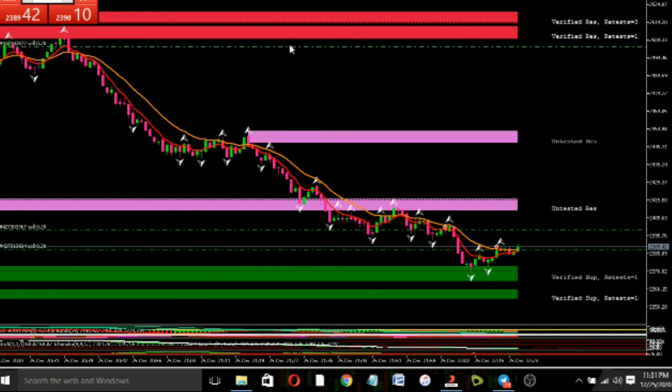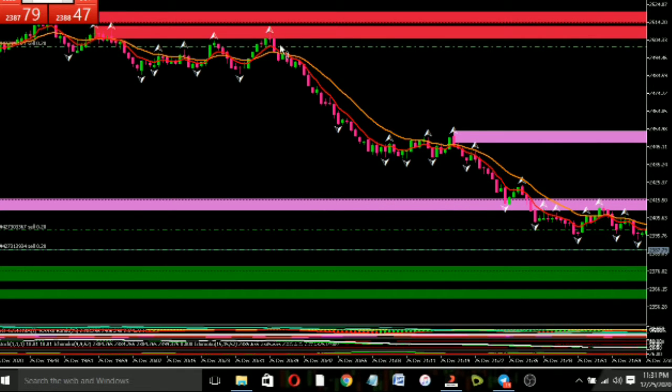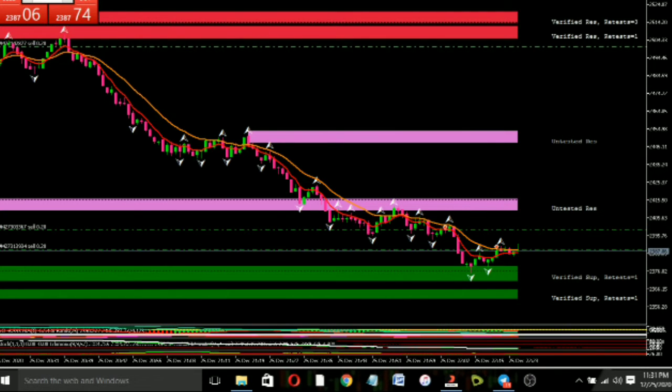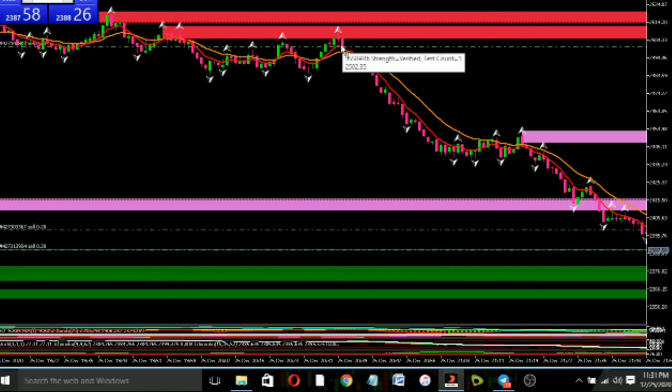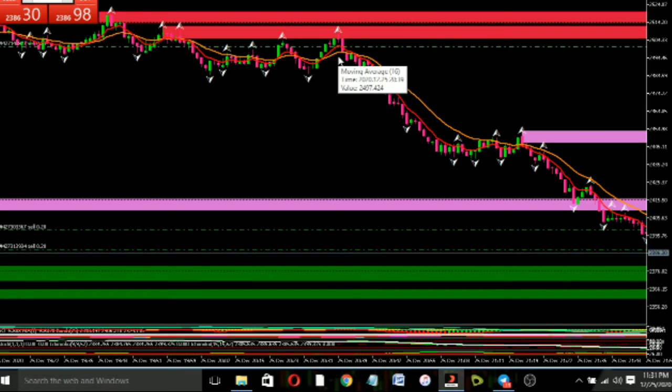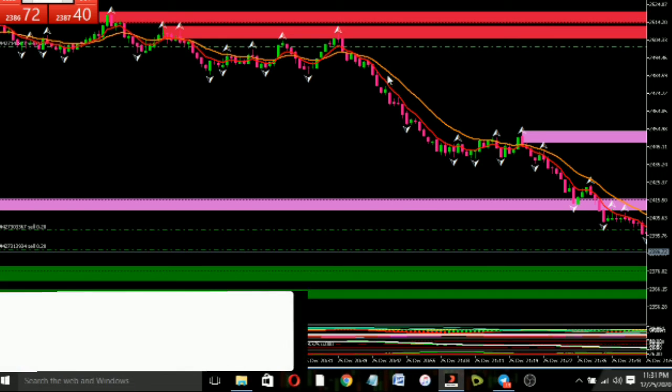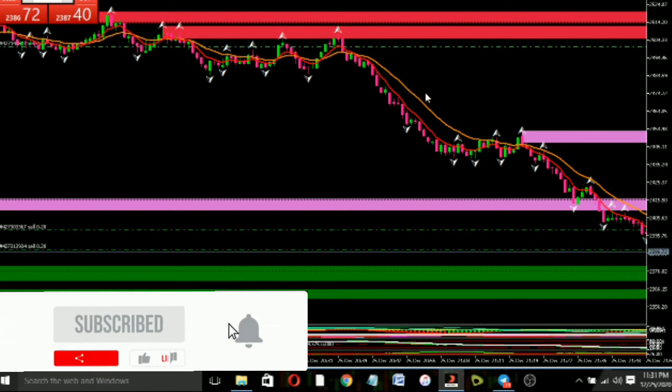So currently, as you can see, I'm on this trade here. This was where I took the first trade, when I noticed the breakout. There was a breakout here, and then when it broke out, the market kept on trending downward.